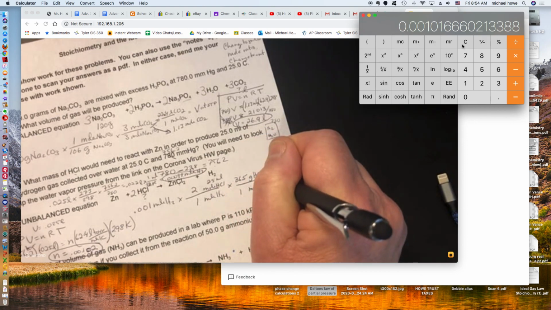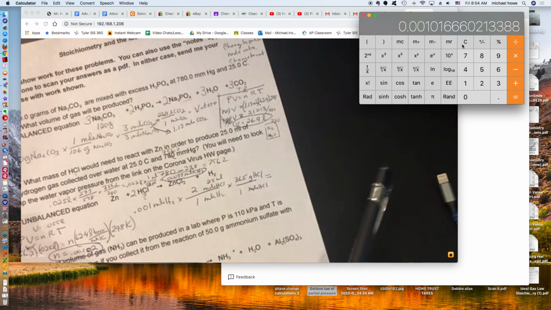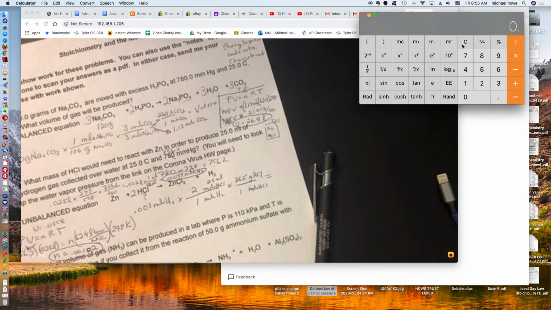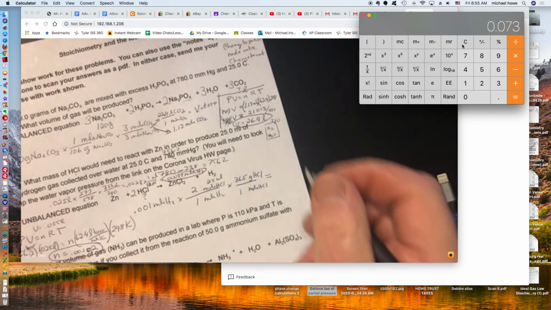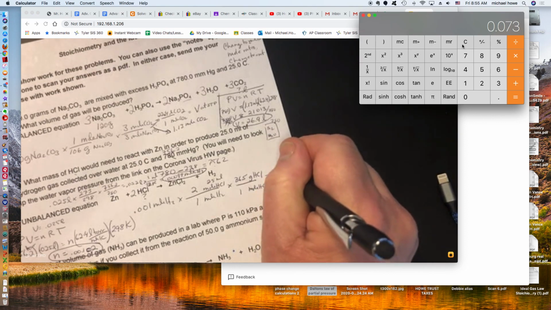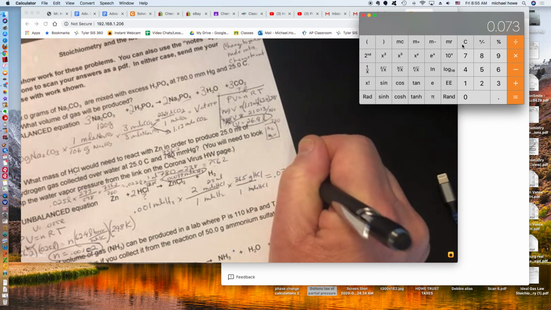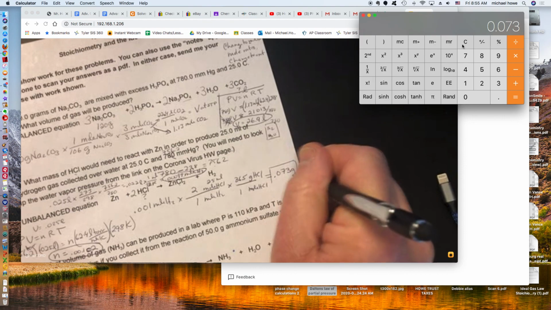And once again, that comes from the periodic table. So 0.001 times 2 times 36.5. There's nothing on the bottom to divide by. So our final answer, 0.073 grams of HCl.